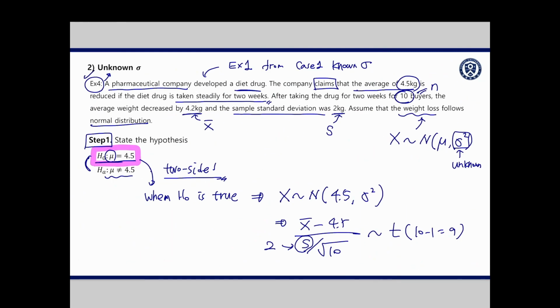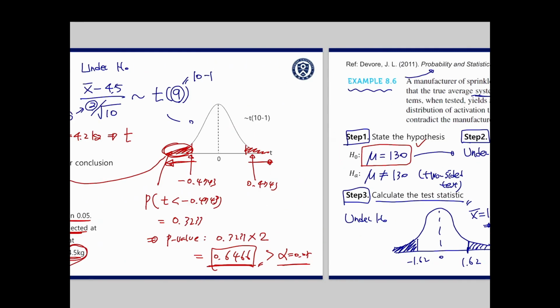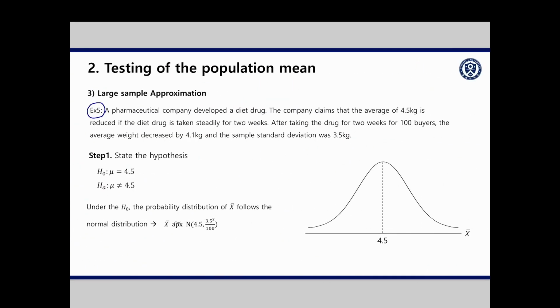The pharmaceutical company claims that taking the drug for 2 weeks will result in an average weight loss of 4.5 kilograms.